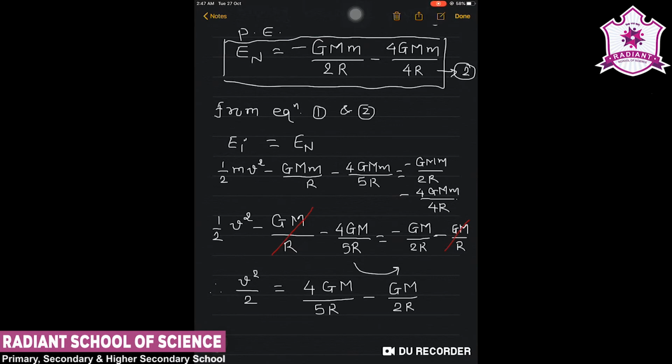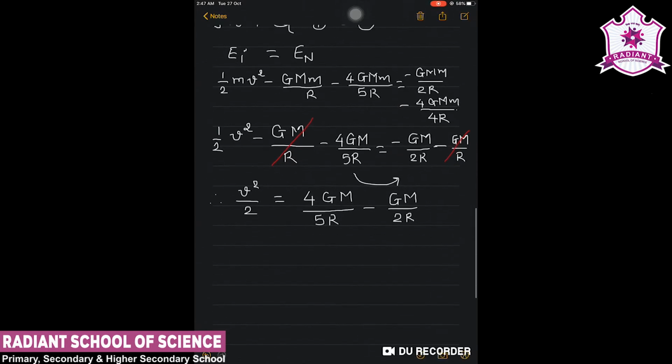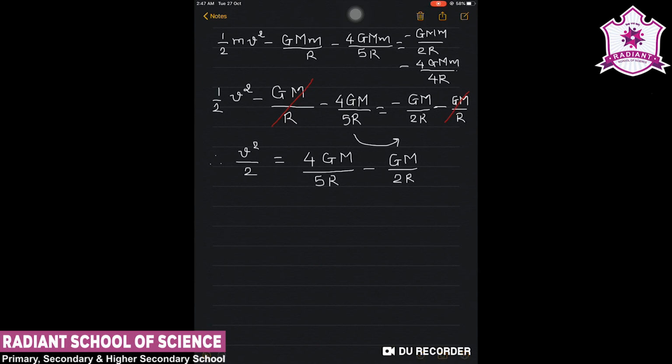Now we can take common. If we take common, the remaining part is capital G capital M over R, that will remain 4 by 5 minus 1 by 2. So this is the remaining part.